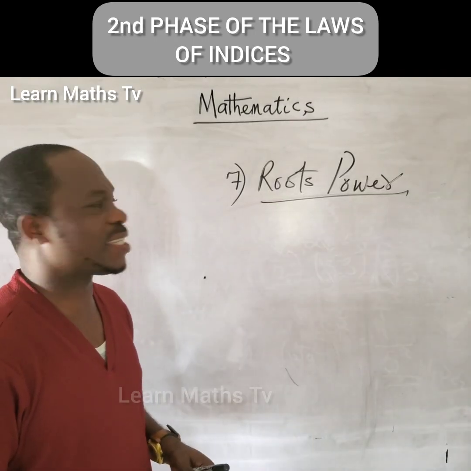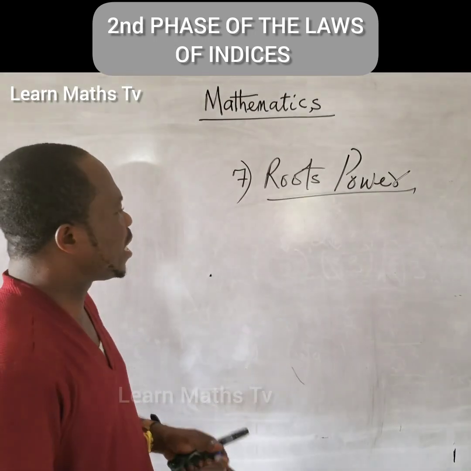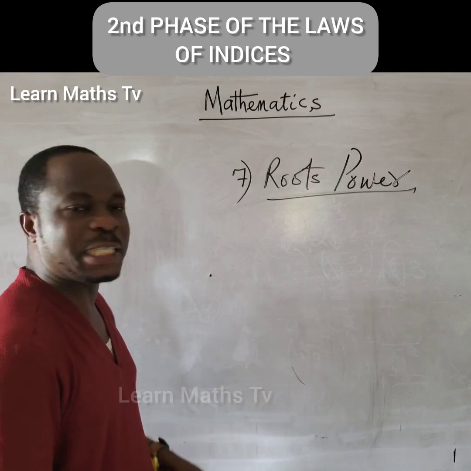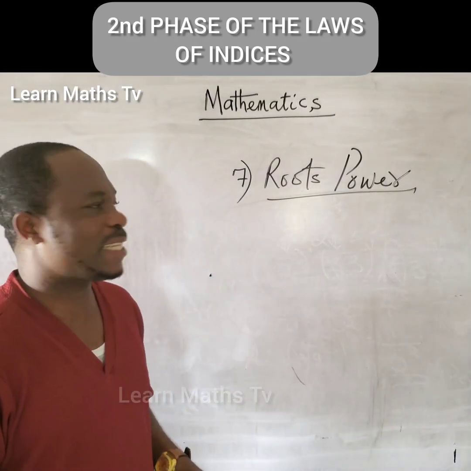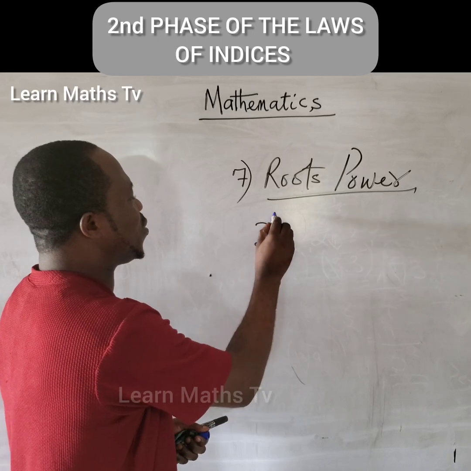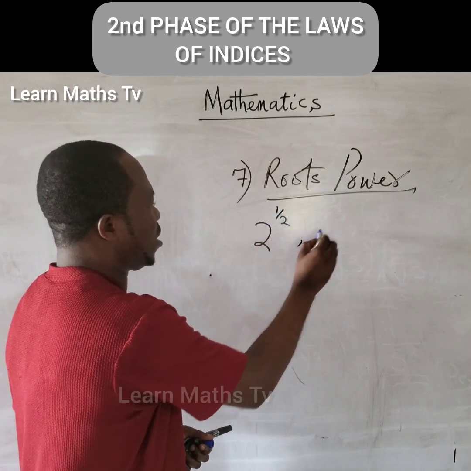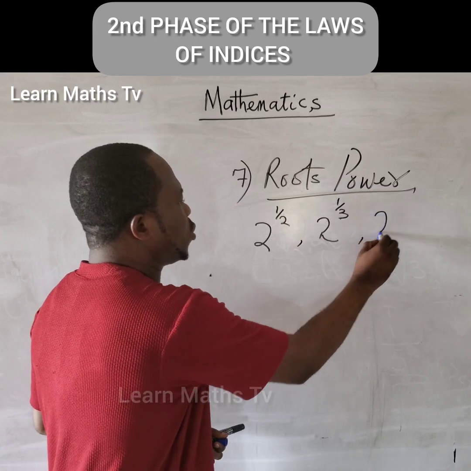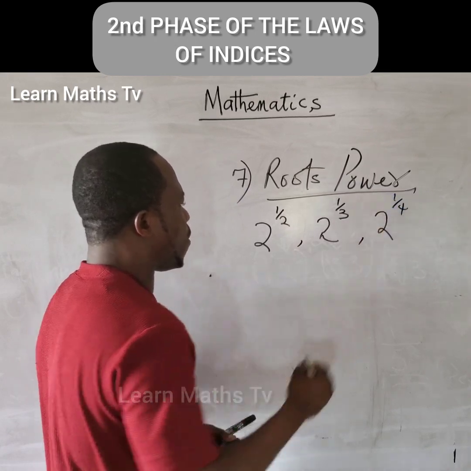The next law we are going to see is the root power. It involves the method of showing the indices for different roots. Let's say we have 2 raised to power 1 over 2, 2 raised to power 1 over 3, 2 raised to power 1 over 4.